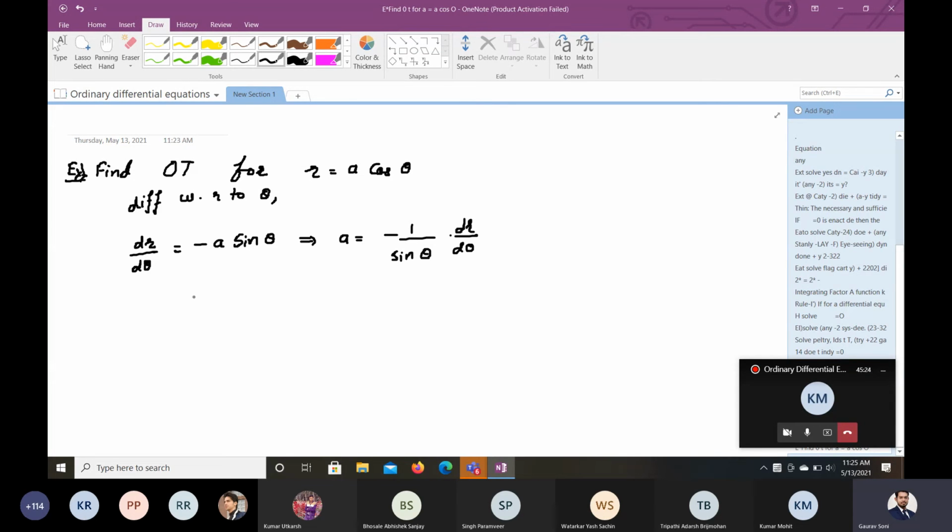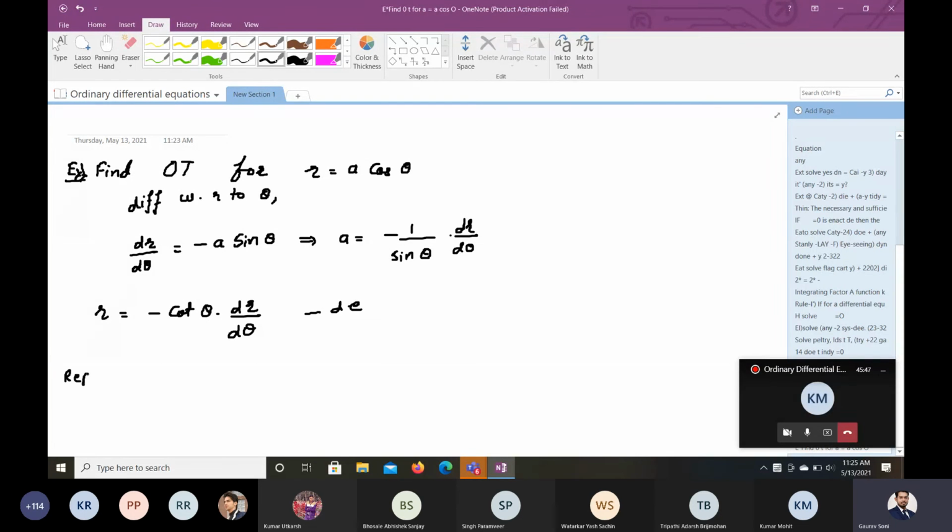Substituting this here, we get r is equal to minus cot theta dr by d theta. Please check the calculations. Now this is the differential equation of the given family of curves.